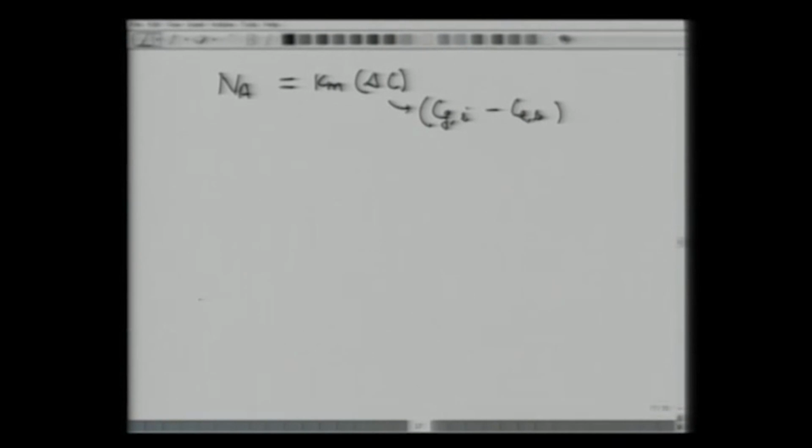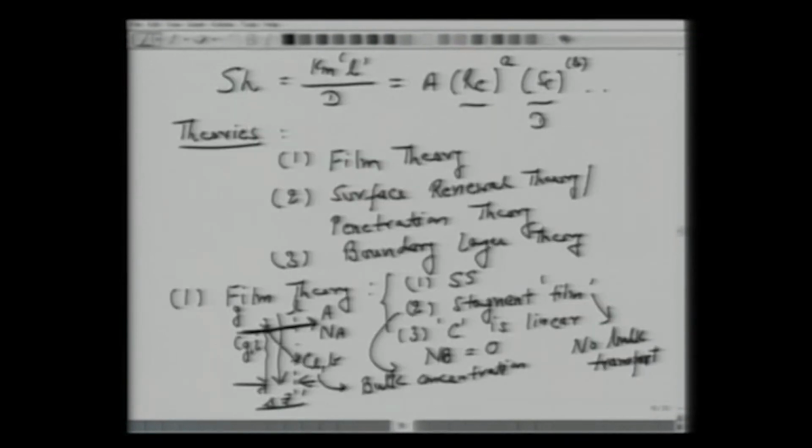Okay. So if you go back to the previous slide, the concentration drops from CGI to CL bulk, which means there is no gradient within the bulk of the fluid. Whatever the resistance, whatever the drop in concentration, it is within this hypothetical film.